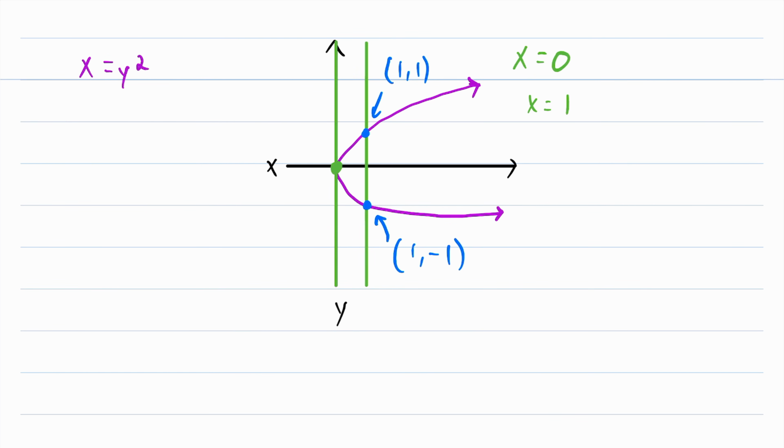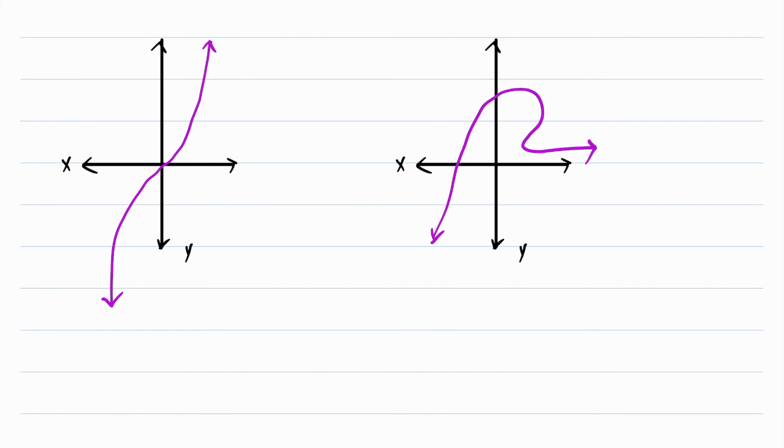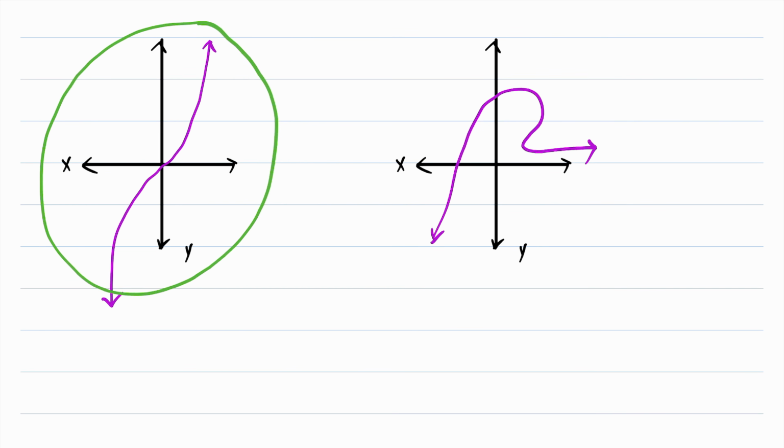The vertical line test works because if an element in the domain relates to multiple elements in the range, then there will be a vertical line that intersects the relation more than once. So that is how the vertical line test works. You just look at the graph of a relation and see, would any vertical line intersect this relation more than once?